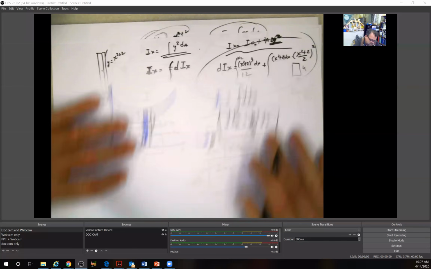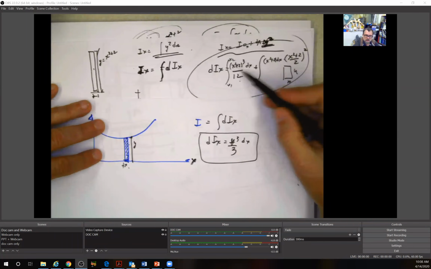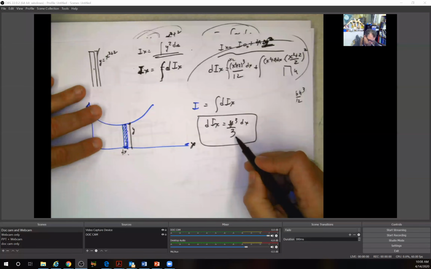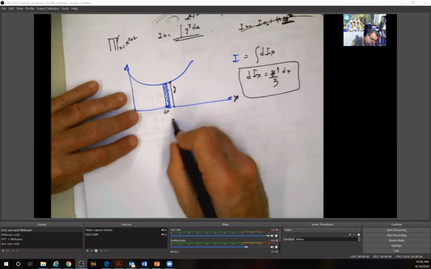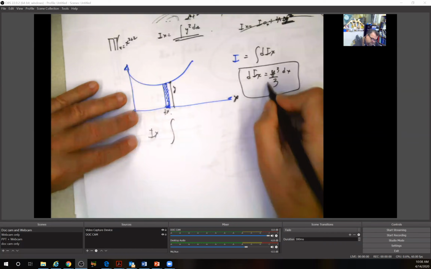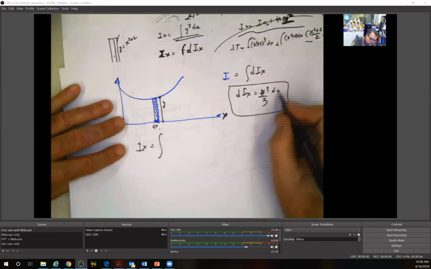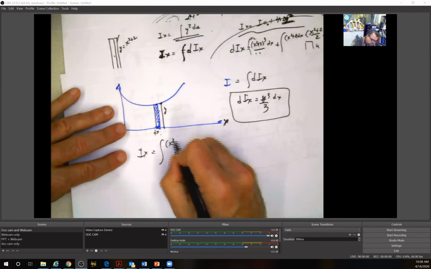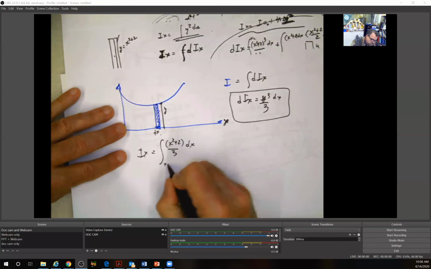See the difference here? Here, I did it with respect to the centroid and added the Ad squared. Here, I have an equation that allows me to do it only with respect to the base. When I do that, I can do the integration of y to the third divided by 3 dx, and y is that value that you put over there, from x1 to x2.